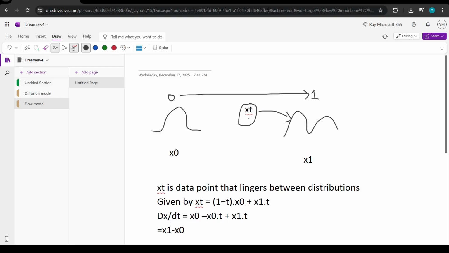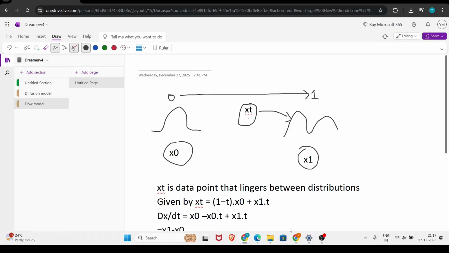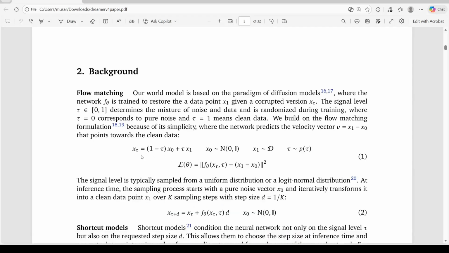And xt is modeled using both x0 and x1. In the paper, xt is modeled using x0, this is Gaussian noise, and x1, this is our original image.